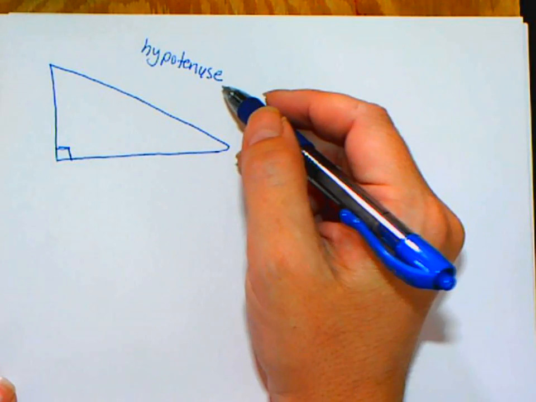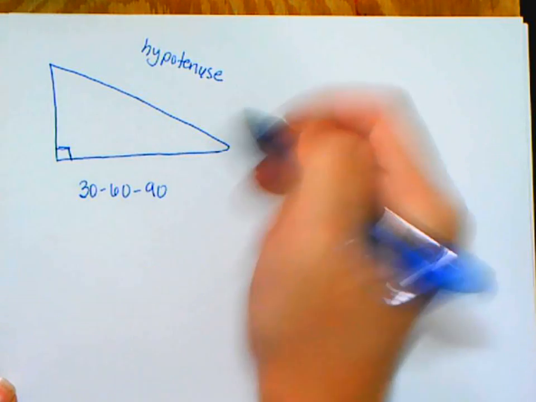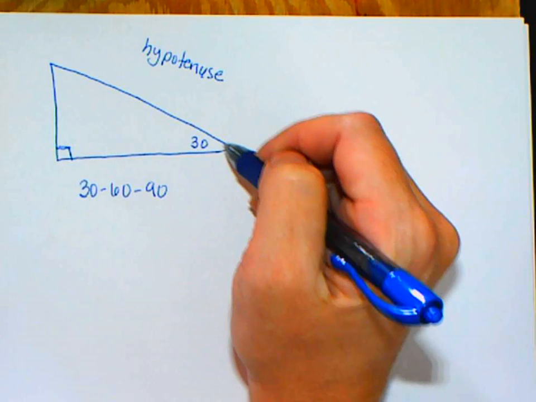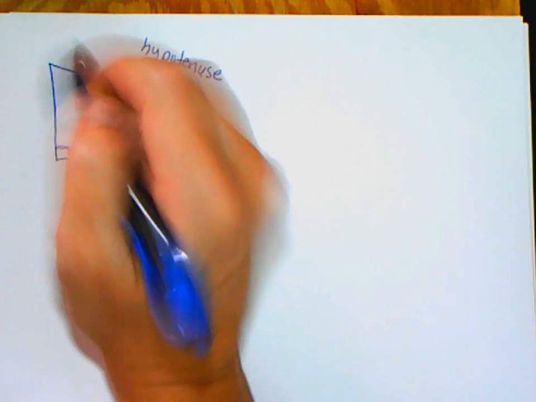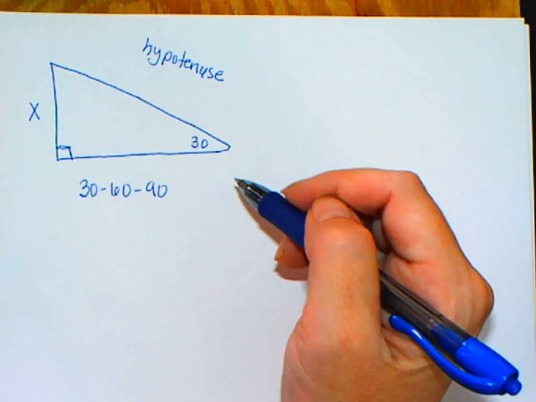Your smallest angle in a 30, 60, 90 is going to be directly across from your smallest leg. And we refer to the smallest leg as x. So I always like to start at x and then figure out what the other sides are.